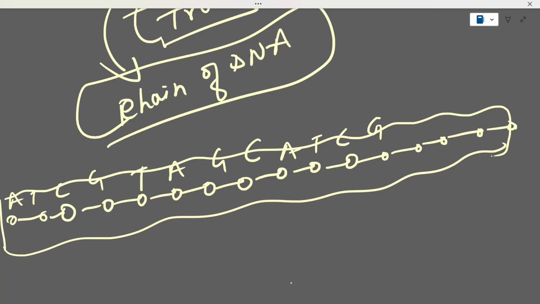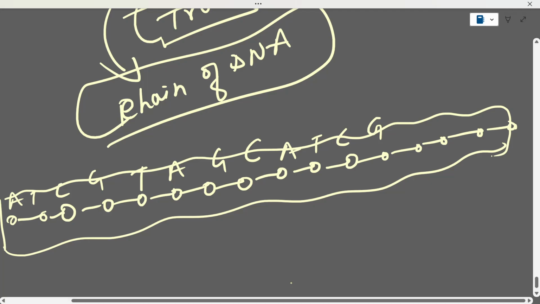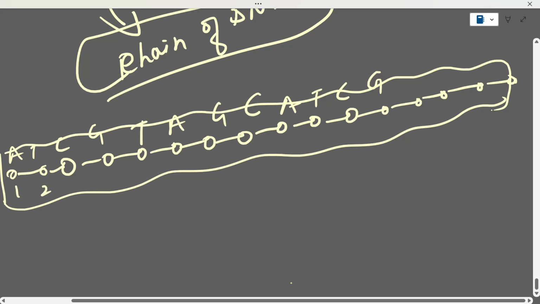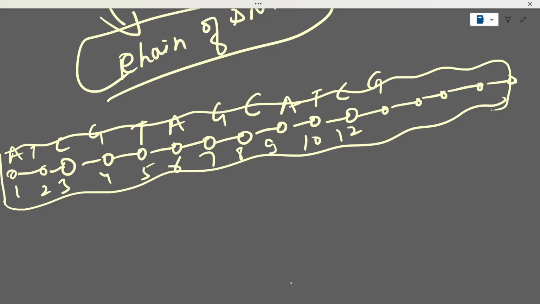So how does this form of repetitive DNA, this form of chain, manifest into particular traits? So it may happen that if you give these numbers for simplification, like this chain, it started from somewhere, you started a template numbering 1, then the whole chain can be named as such.